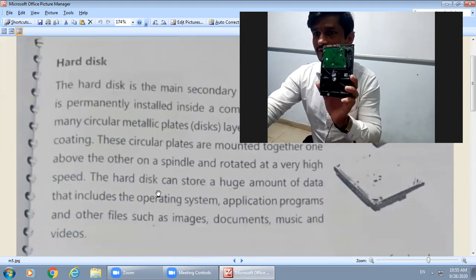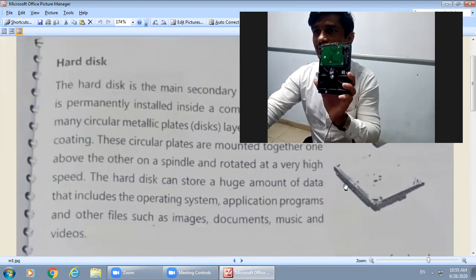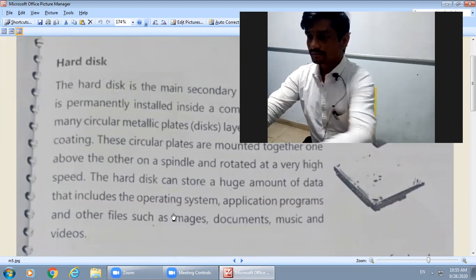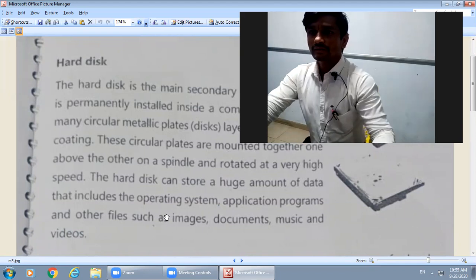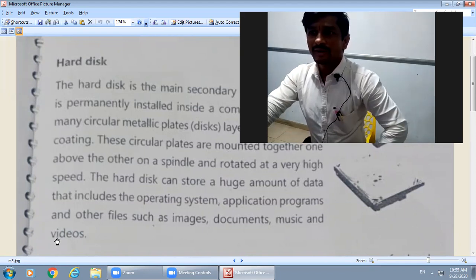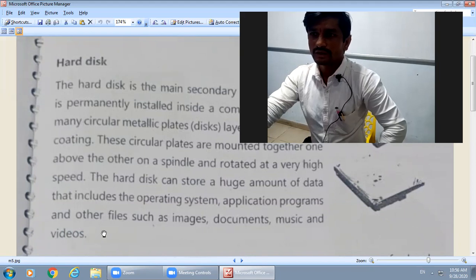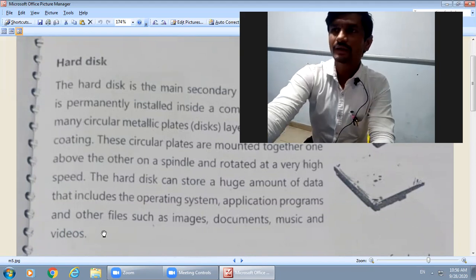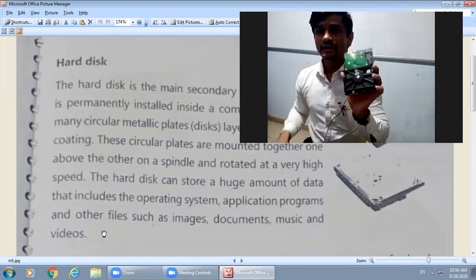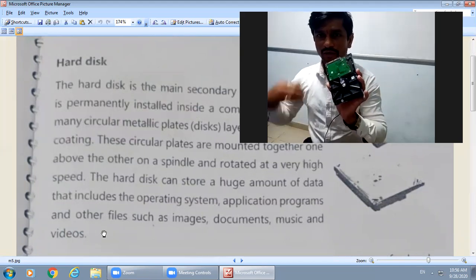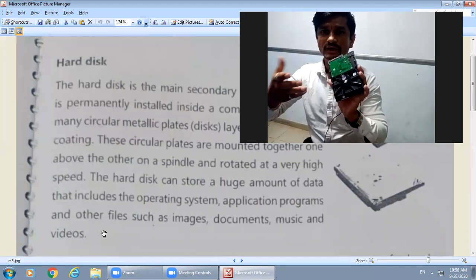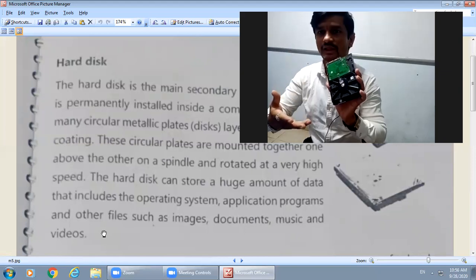Now next, the hard disk can store a huge amount of data, including the operating system, application programs, and other files such as images, documents, music, and videos. In our computer we have installed some applications, and we have stored some pictures and movies.